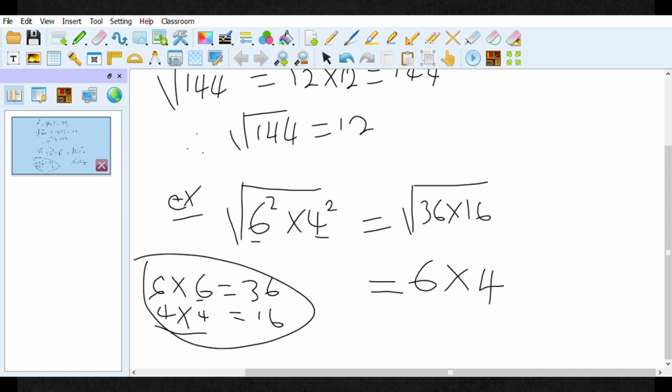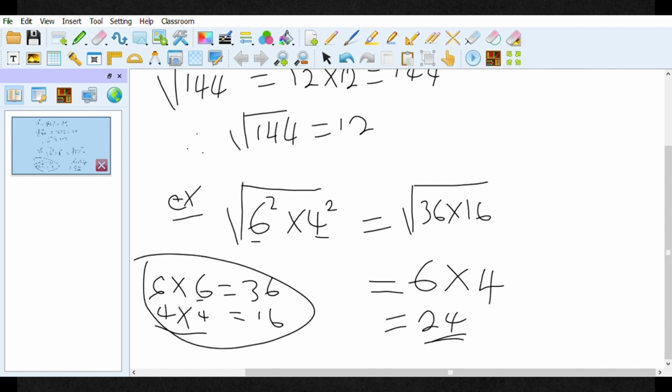So this evaluates into 6 times 4. Notice that the square root symbol is no longer there because we've already taken the square root of 36 to give us 6 and the square root of 16, which gave us 4. So 6 times 4 is equal to 24. So that means that the square root of 6 squared times 4 squared is equal to 24.